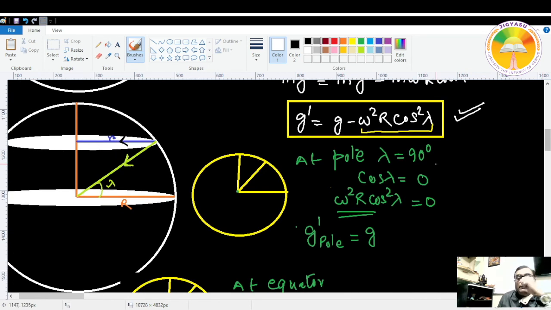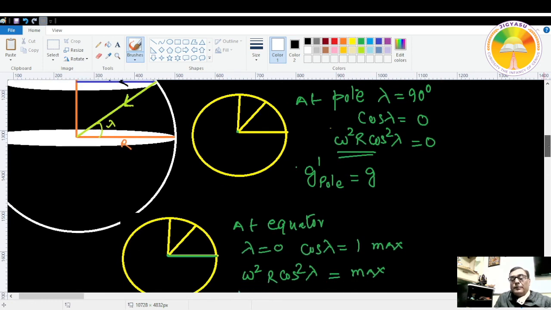And lambda is maximum, 90 degrees, at the poles, and cos lambda is 0, hence the effect of rotation is 0 at the pole, and g at the pole is equal to the actual g.